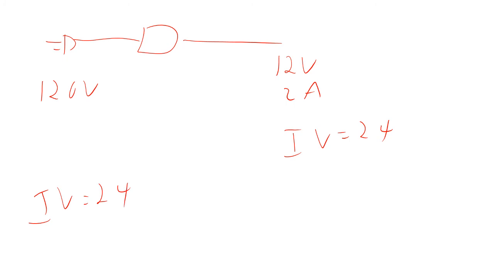So what does that mean? Well, that means that over here, the current has to be 0.2 amps. So that means you might have 12 volts, 2 amps out, but you've got 120 volts, 0.2 amps in.